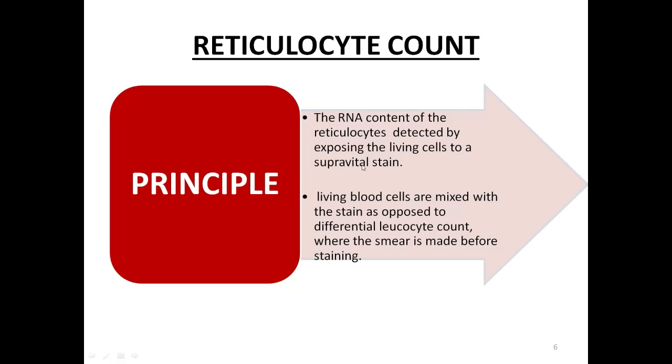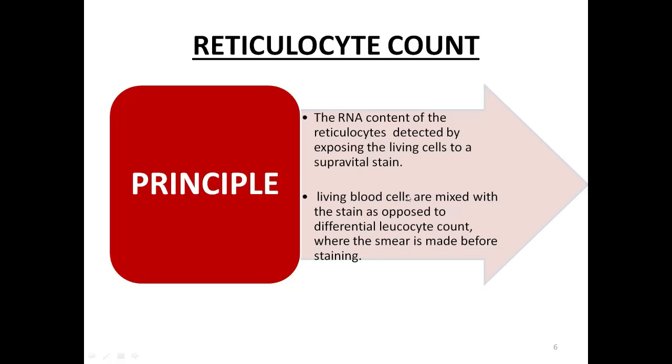The RNA content of the reticulocyte can be detected by exposing a living cell to the supravital stain. That means we take blood, in which living cells are present, mix it with the supravital stain, make a smear, and then we can identify the RNA content. It will get stained by this stain and we can identify the reticulocyte.